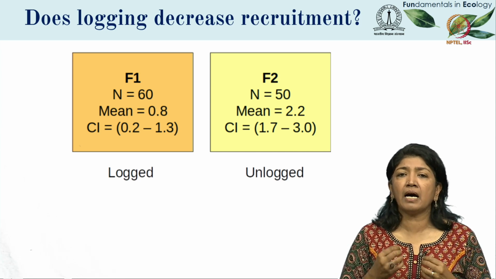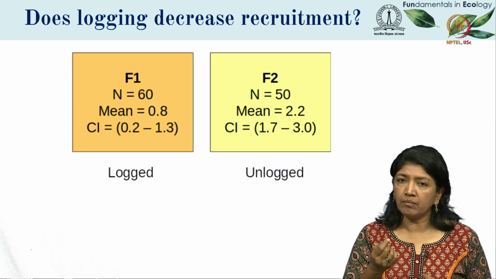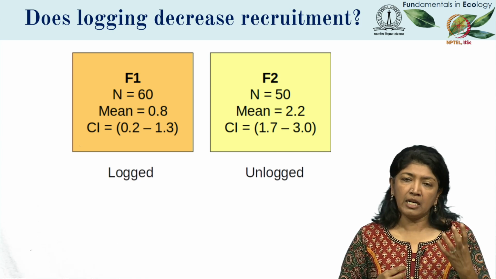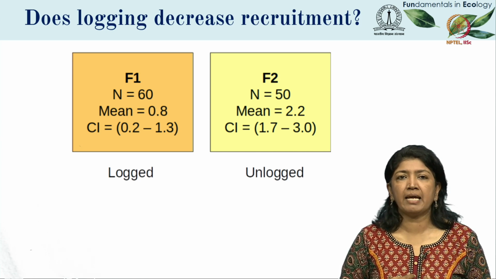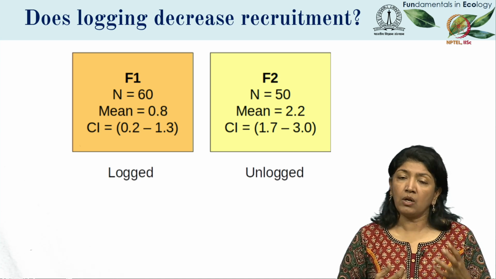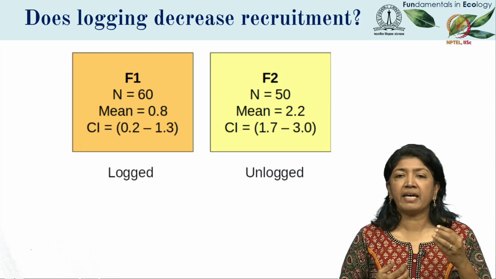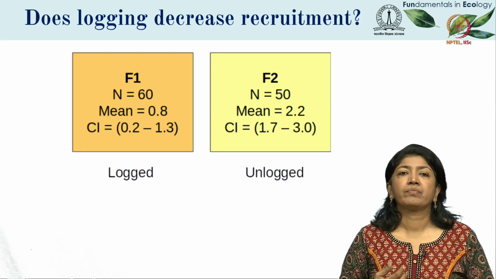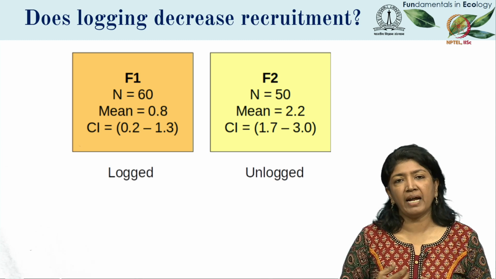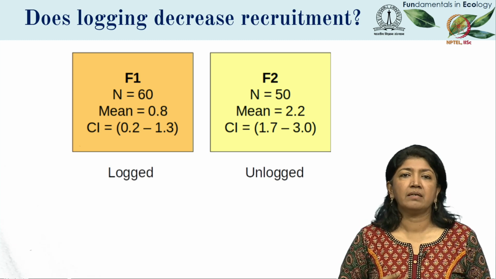So, I am interested in how felling of trees, logging, affects recruitment in a bird species. So, what do I do for this? I select a logged forest, which I have just labeled here as F1, and I select an unlogged forest. Now, in the logged forest, I select 60 nests and monitor them carefully and record the number of chicks that successfully fledge from that nest. I do the same thing in the unlogged forest.